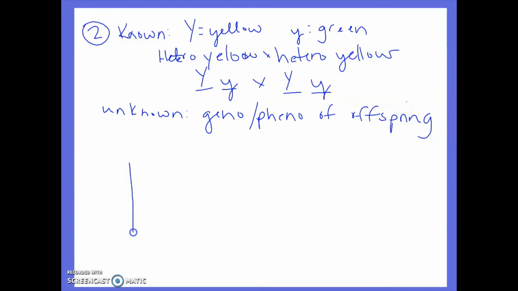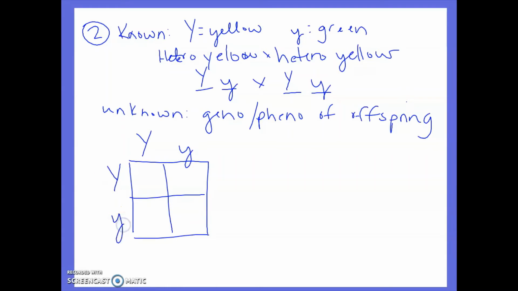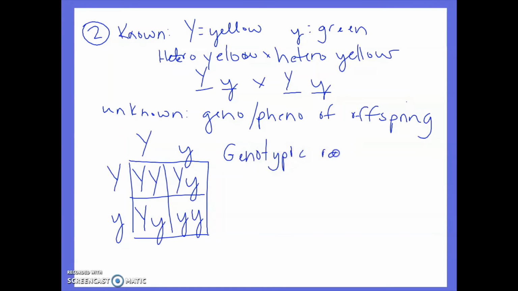Alright, so we'll do a Punnett square for this one. We'd have capital Y lowercase y, so heterozygous on the top, heterozygous on the bottom. We'll fill in our Punnett square, and then we're going to give our genotypic ratio. Whenever we report these ratios, we say homozygous dominant first. So I have 1 homozygous dominant, or 1 YY.